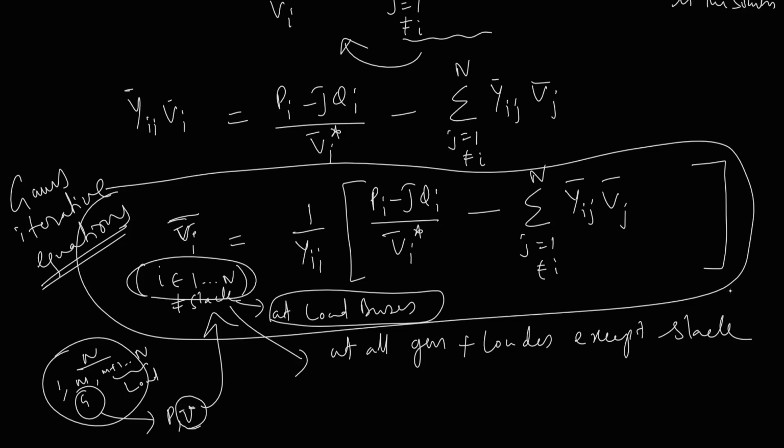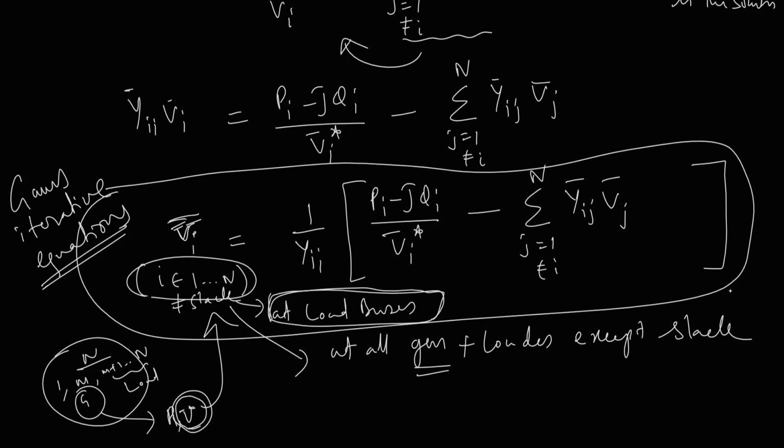We calculate this equation at all buses except slack, because at slack, V is specified. Why is it not calculated only at the load buses? Because V is specified at generator buses, even then we are calculating this V at all generator buses.